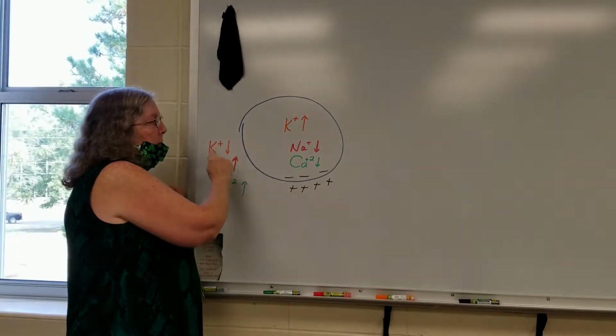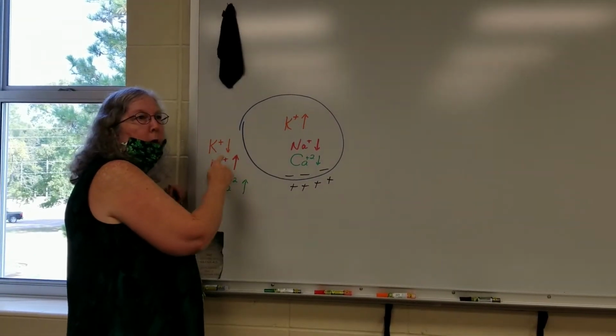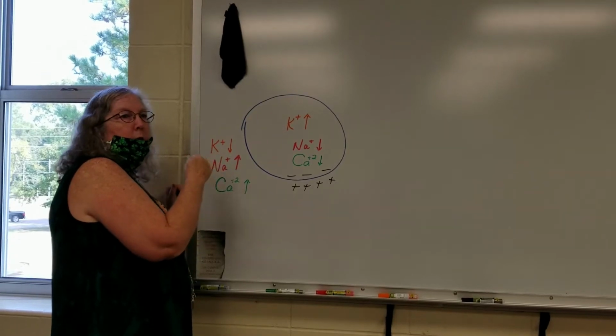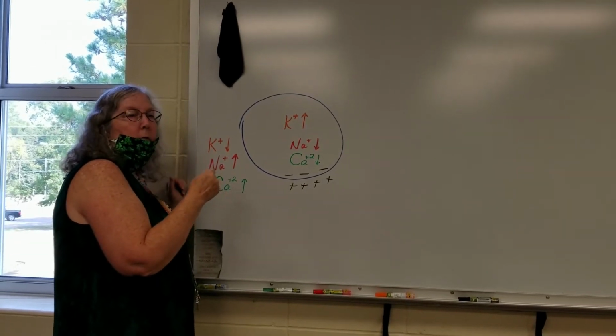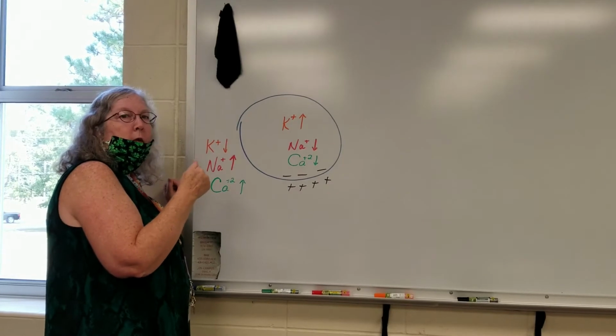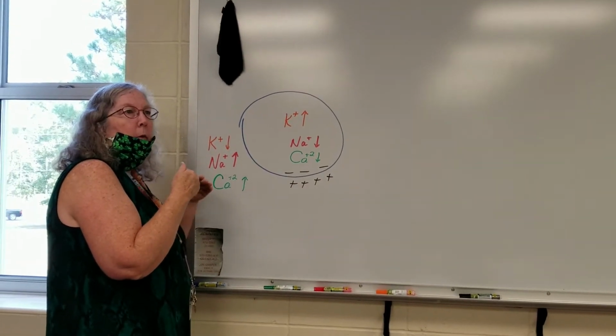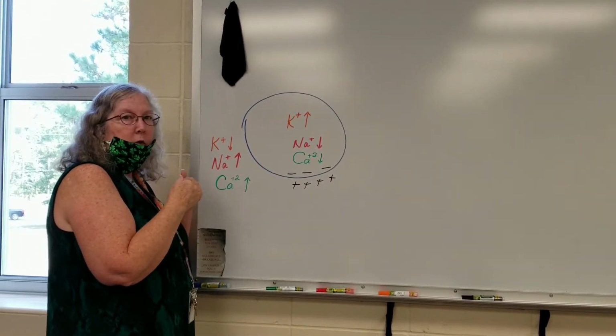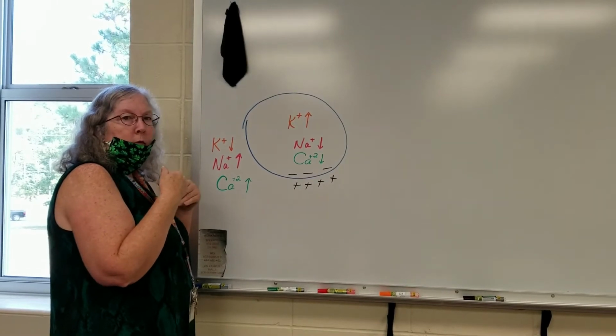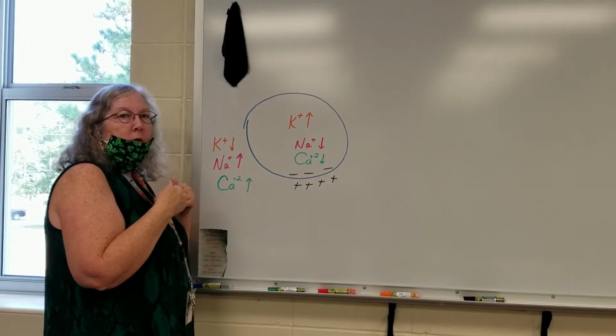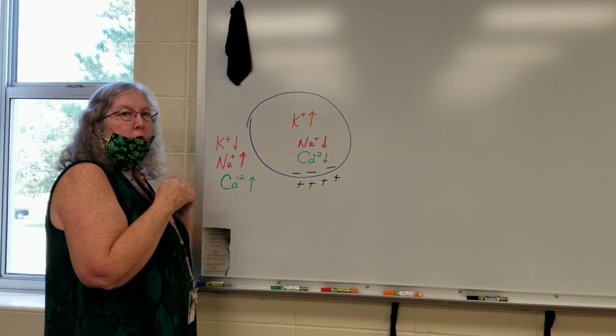You need to remember which one is higher where, because in a moment, as we go through the steps of muscle contraction, this will explain why things move in the direction they do. Remember with diffusion, things want to go from a higher concentration to a lower concentration.